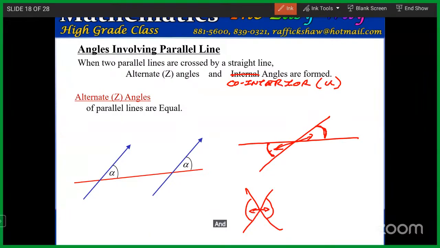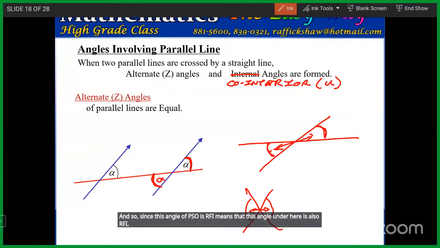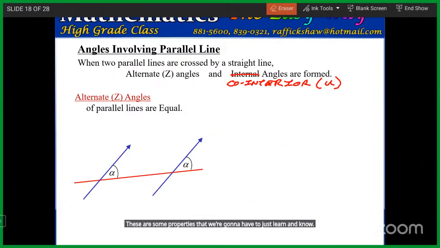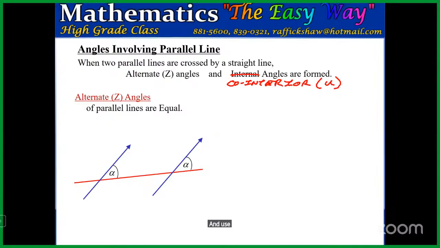And so since this angle up here says alpha, it means that this angle under here is also alpha, because they are vertically opposite angles. These are some properties that we're going to have to just learn, know and use. So I'm using that angle there as alpha because they are vertically opposite.